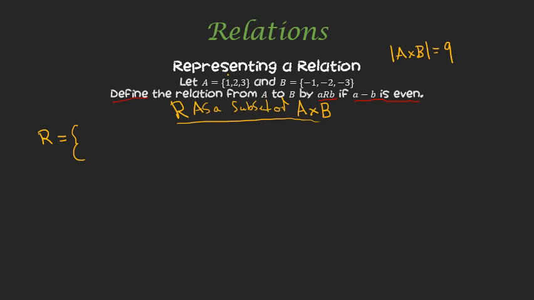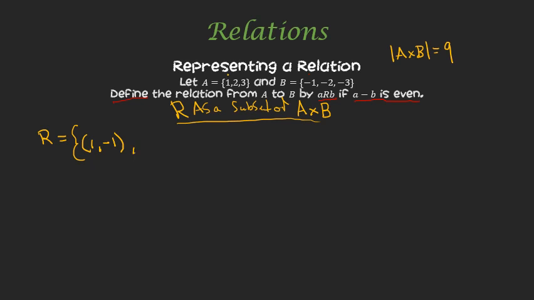Let's test. We'll compare 1 to -1. The rule is, if a minus b is even, they're related. If not, they're not. So 1 minus -1 is 2, which is even. This means that (1, -1) is a member of the relation, that 1 is related to -1.